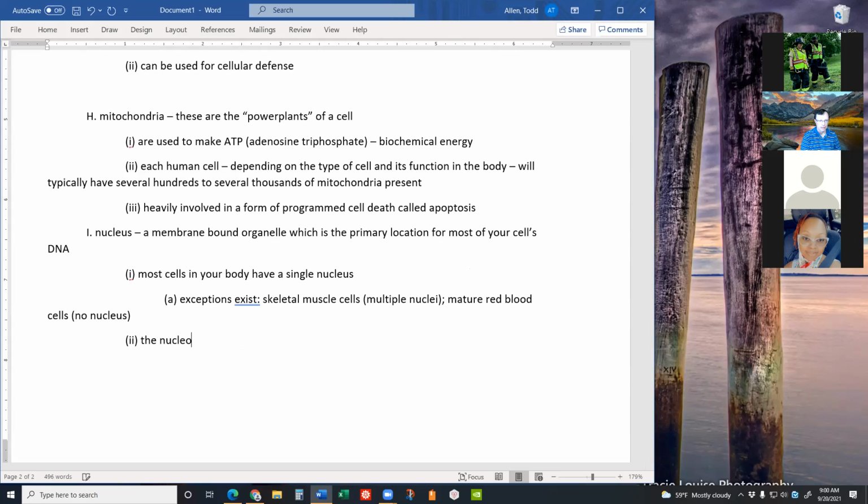The nucleolus is a sub-region inside the nucleus involved in the production of ribosomes. It is an area within the volume of the nucleus that's involved in making the building blocks of ribosomes.